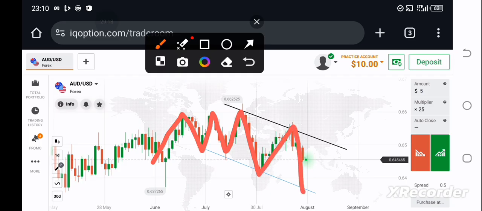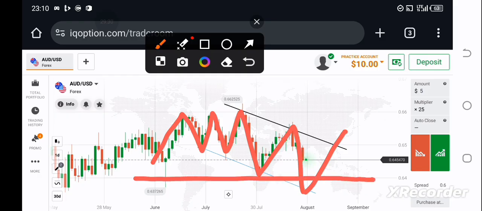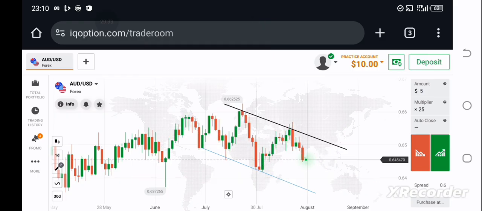Okay, so this is the next level. From here we can expect, from this trend line we can expect the market to move here, or it may reverse from here. Okay, but ideally this is the situation.